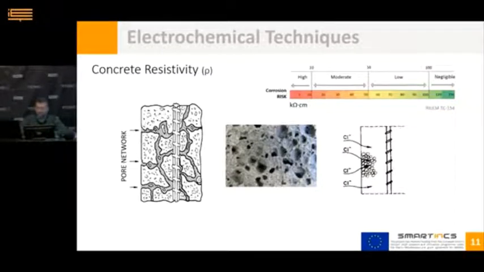A very permeable porous network will have low resistivity and high corrosion risk. On the contrary, a very compact network will have high resistivity and low or negligible corrosion risk.